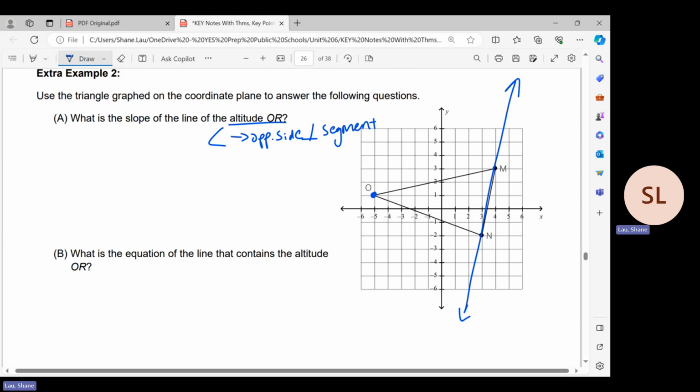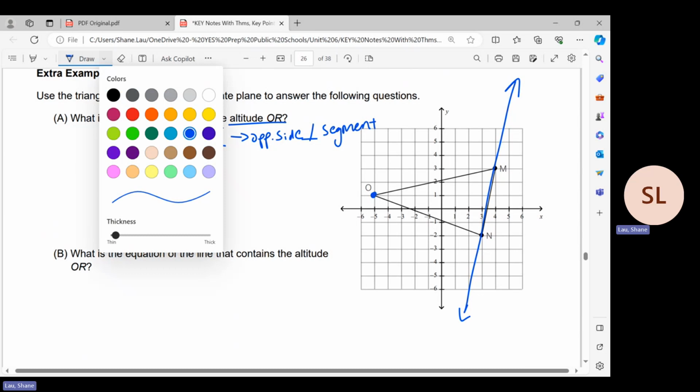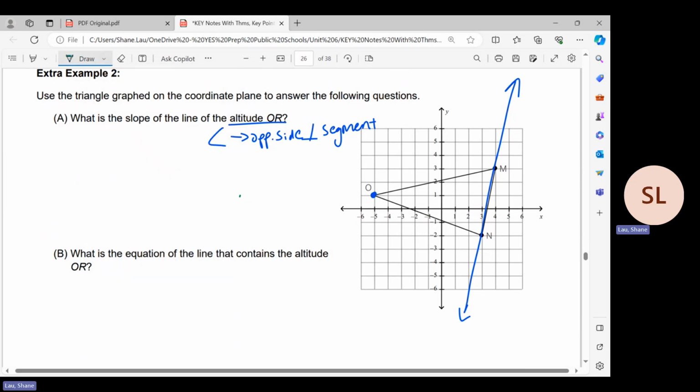But in order for us to find the slope of the line of the altitude to OR, let's just draw a preliminary line. So we'll say that this is R. But because we know that this is R, we know that this line must be perpendicular. Oops.